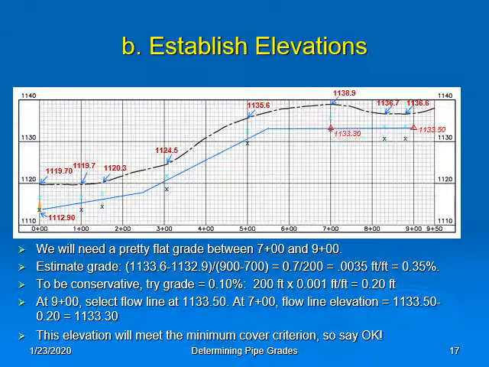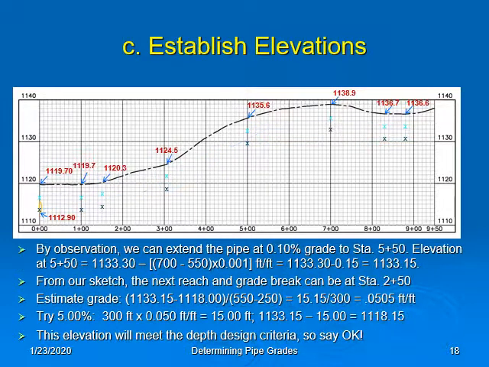And here you can see the control points and the elevations being drawn in. If we look at this, we can see that our profile line falls between our minimum and maximum elevation criterion. So we're going to say that's okay. That's a good grade and depth. So let's move on to the next reach downstream.